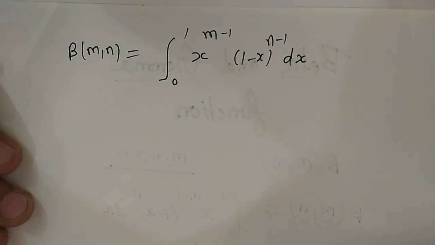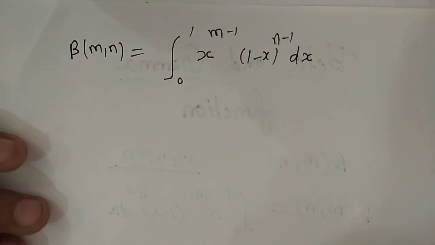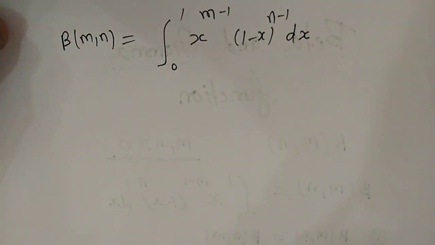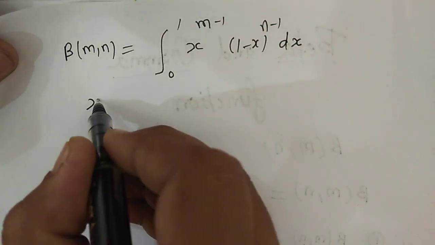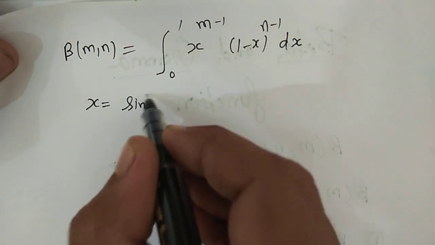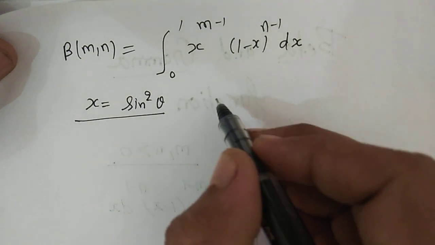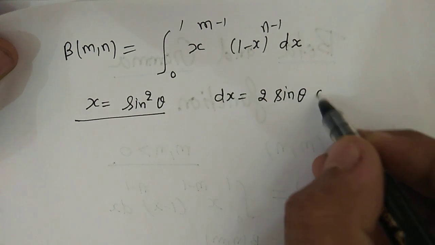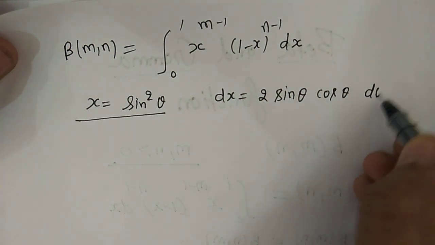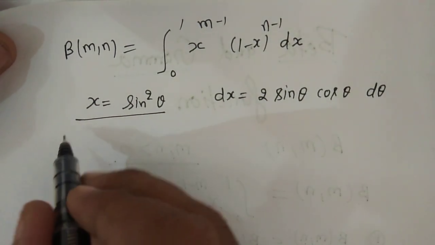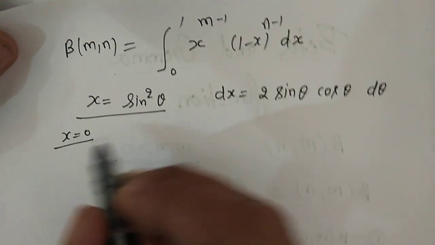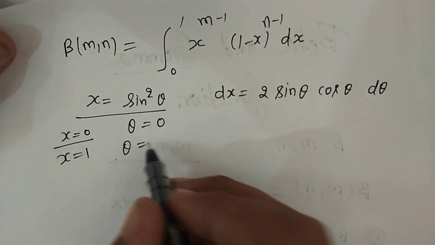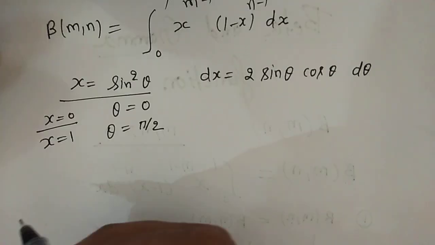Now this beta function we can change into polar form. So we have one transformation. Let x equal to sin squared theta, so dx equal to 2 sin theta cos theta d theta, and limits: when x equal to 0, theta equal to 0, and x equal to 1, theta equal to pi by 2.